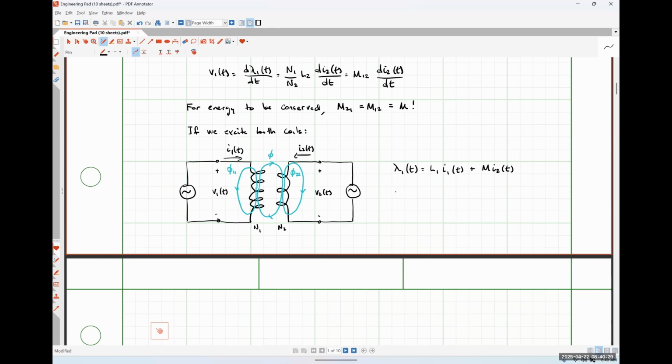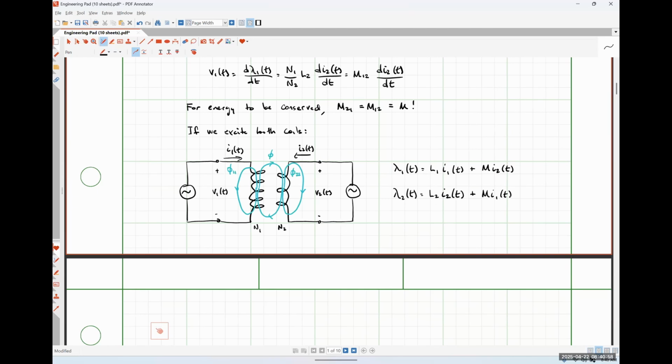And pretty similarly, the flux linkage for coil 2 is going to be the self-inductance of coil 2 multiplied by I2 plus the mutual inductance between the coils multiplied by I1. So we can see that those two flux linkages are now dependent on both of the currents in our system.